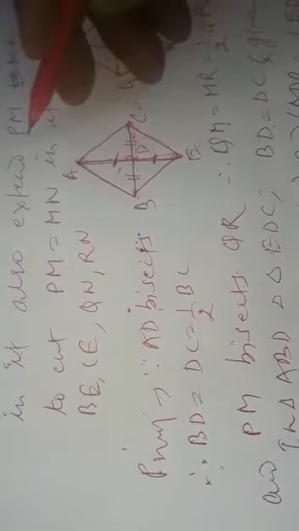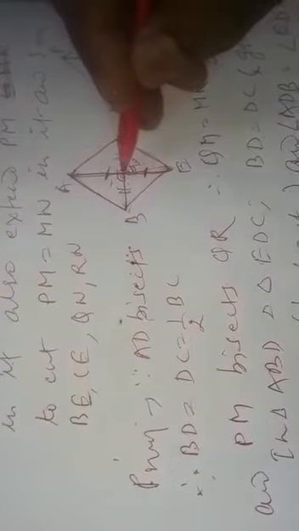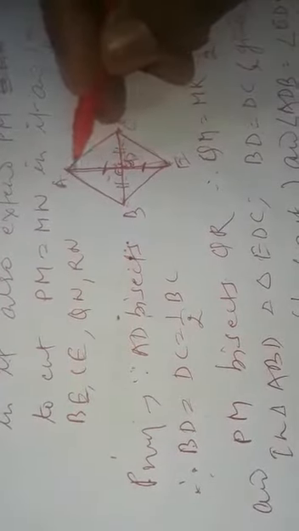Now this angle and this angle are vertically opposite angles, because here two lines are intersecting each other. AE and BC are intersecting at D. So the angles formed at vertex D and the angle opposite to it are called vertically opposite angles. Therefore, these two angles will be equal to each other.